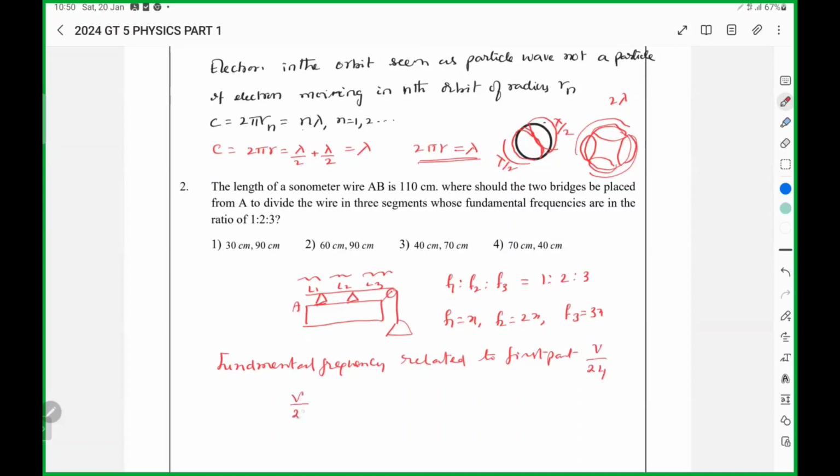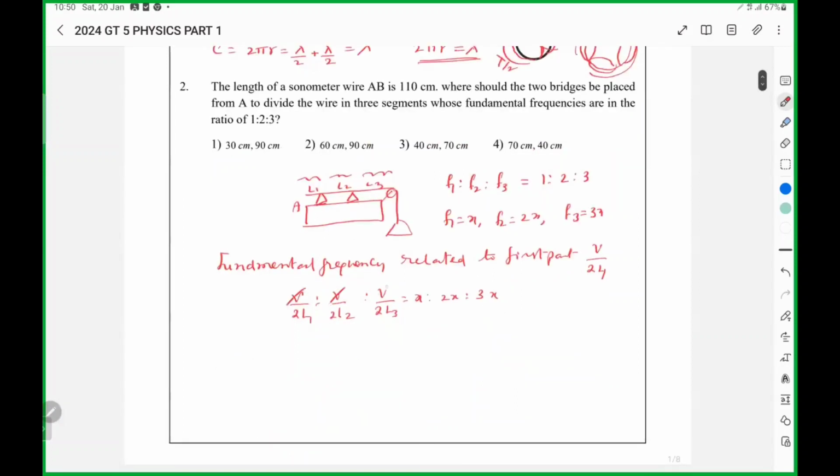Like that, V by 2L1, V by 2L2, V by 2L3 is x is to 2x is to 3x. So V by 2 gets cancelled. That means 1 by L1 is to 1 by L2 is to 1 by L3. Take the reciprocals. 1 is to half is to one third.